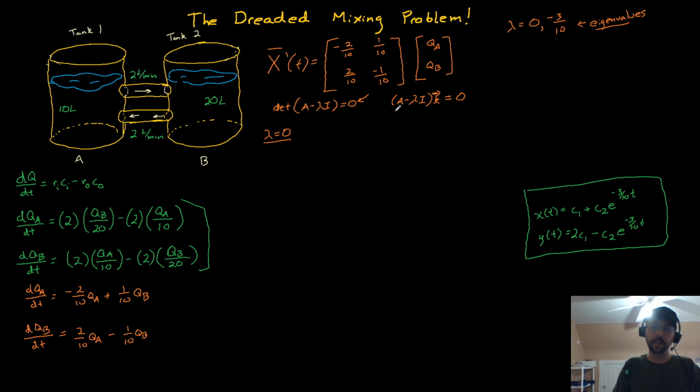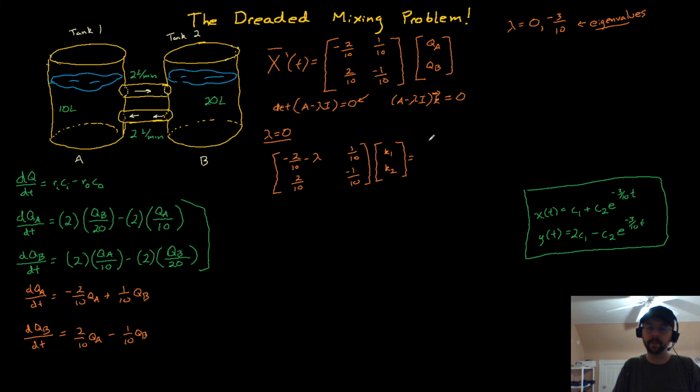So the A minus lambda I, we already found that earlier. I found it, but I didn't actually write it out. So negative 2 over 10 minus lambda, 2 over 10, 1 over 10, negative 1 over 10, and our K is a vector, and we just write k1, k2, and then equals 0.